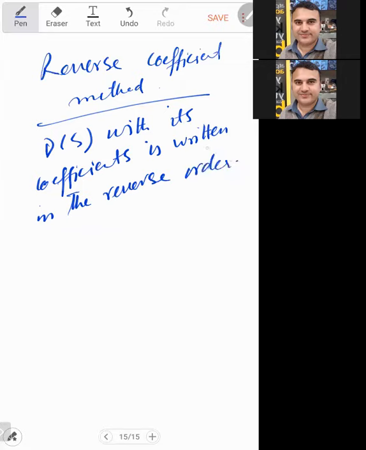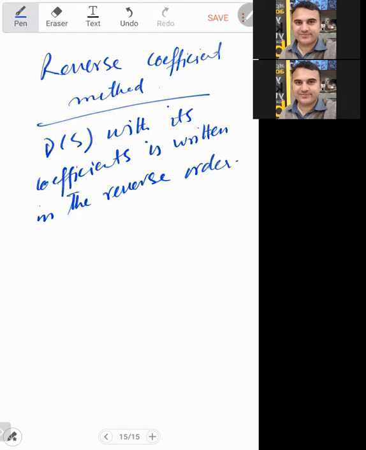Now, the method is derived from the fact that a polynomial that has the reciprocal roots of the original polynomial has its roots remain in the same left half plane, right half plane, or on the imaginary axis.